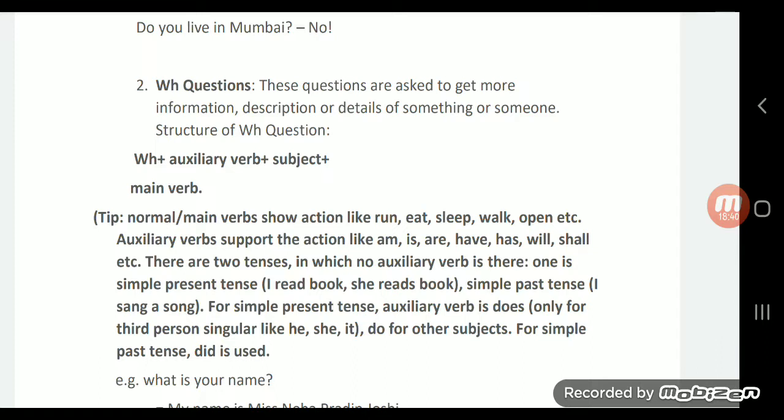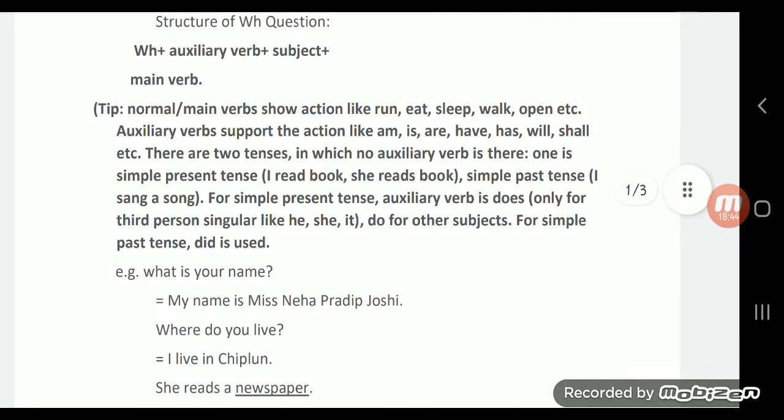WH plus auxiliary verb plus subject plus main verb. I'm going to share this PDF with you, so you can read it carefully at your pace, note down these details in your notebook and practice it.